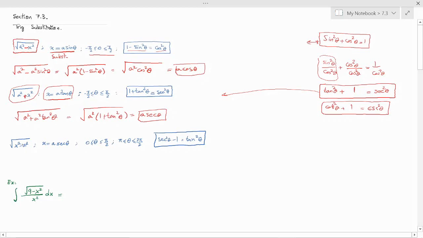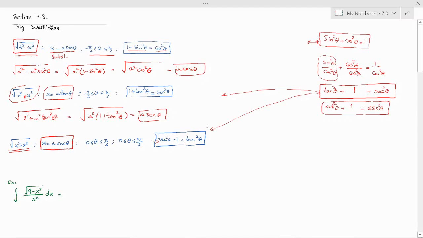Similarly, if you're dealing with x squared minus a squared, here's the difference between these two. Here you have a squared minus x squared. If it was the other way, x squared minus a squared, you need to choose the substitution x to be a secant theta, because in that case we can replace secant squared theta minus 1 with tan squared. Again, this is a consequence of that. You can move the 1 to the other side, and you will get secant squared minus 1 equals tan squared.